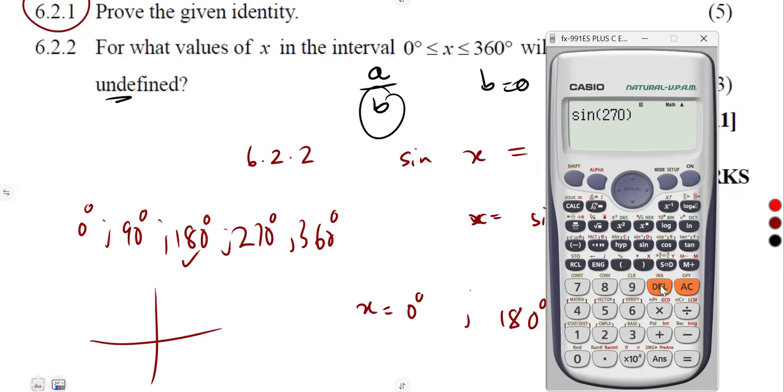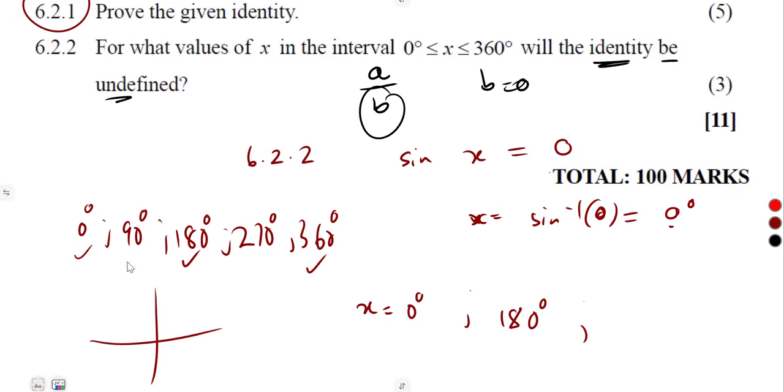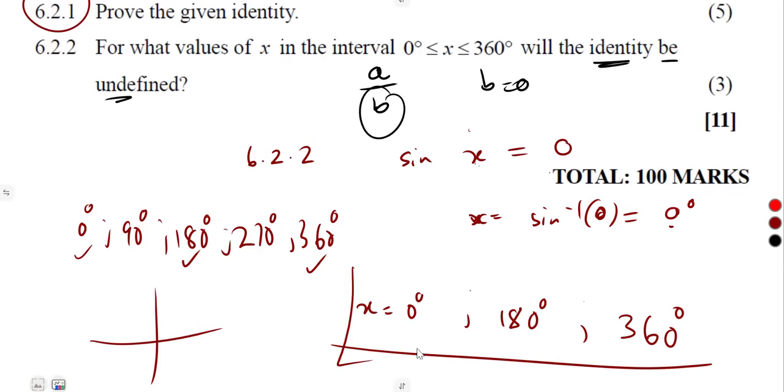We move on to 360 degrees, that's a 0. So also it is part of our solution. Sine 0, sine 180, sine 360 degrees, these are the angles which will give us a 0 at the end. So those are the values of x from 0 to 360 degrees.